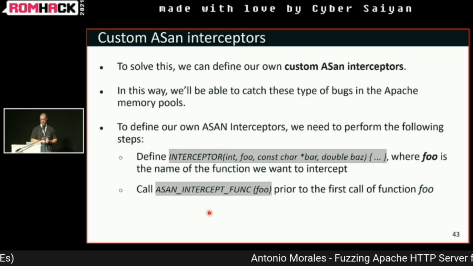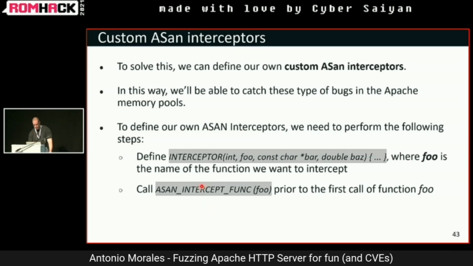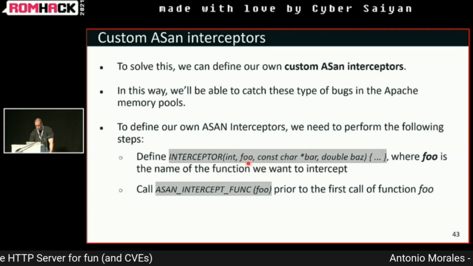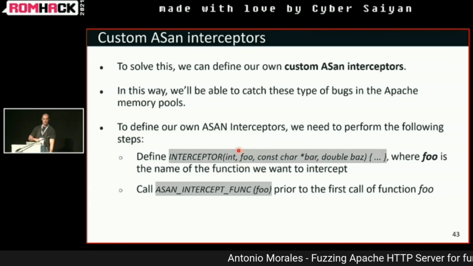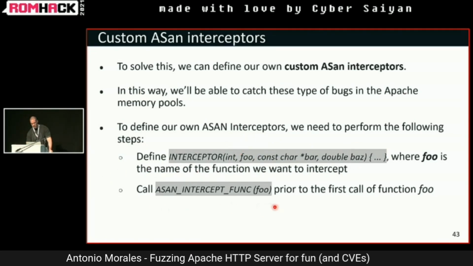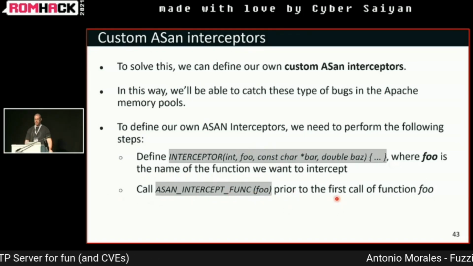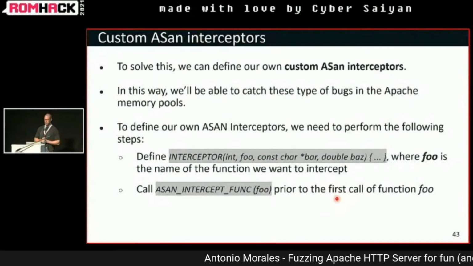The first thing is to define an interceptor function, like this, where foo is the name of the function that we want to intercept. And the second thing is to call the assign intercept function before the first call of the function foo.